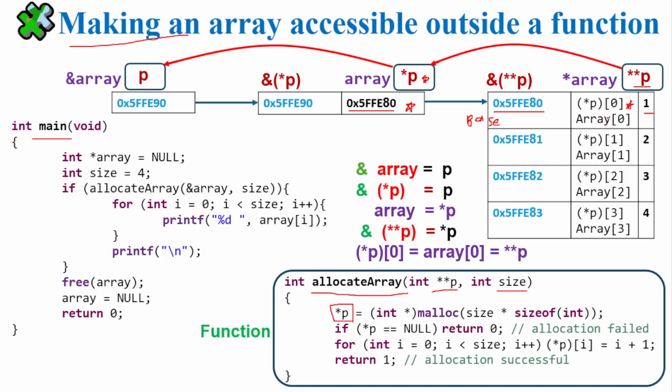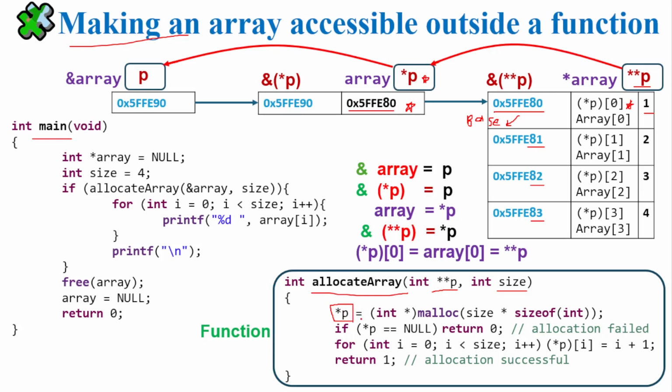Their memory addresses are sequential: 5FFE18, 5FFE19, 5FFE1A, and 5FFE1B. Here come the important points. Please notice, since the base address of the array is stored in *p inside the function, to make it accessible outside, we need a pointer to this pointer or a double pointer.